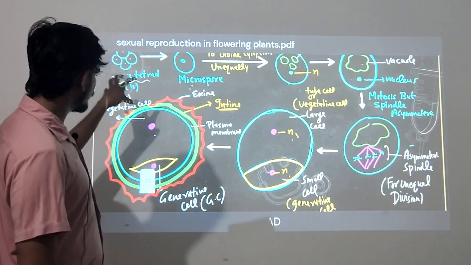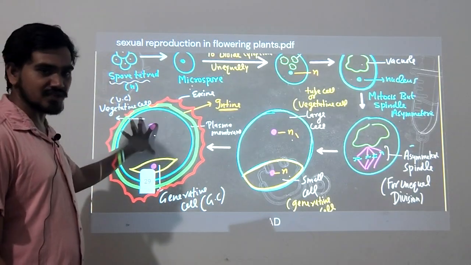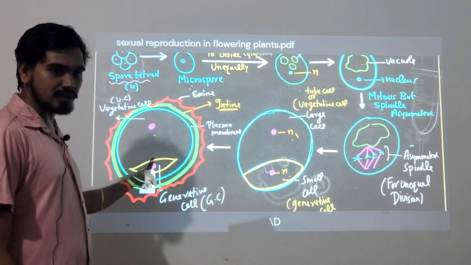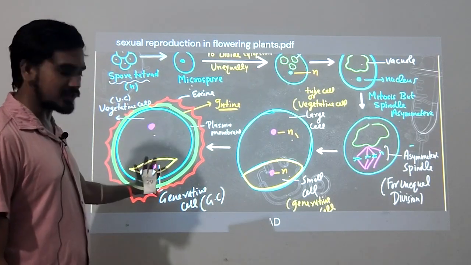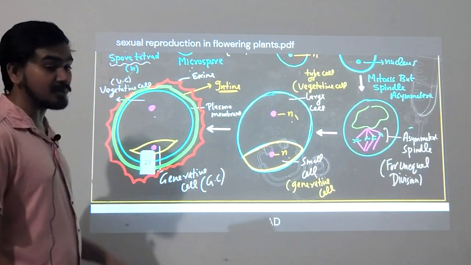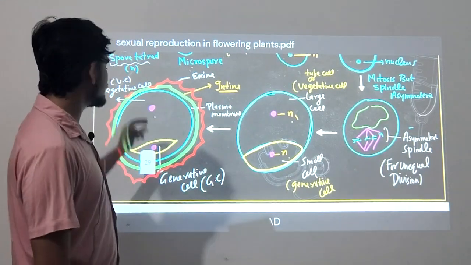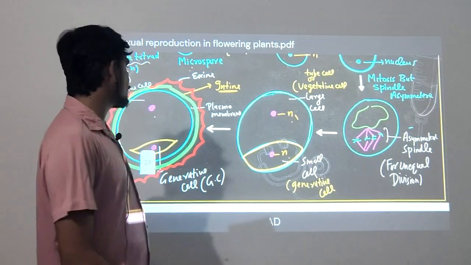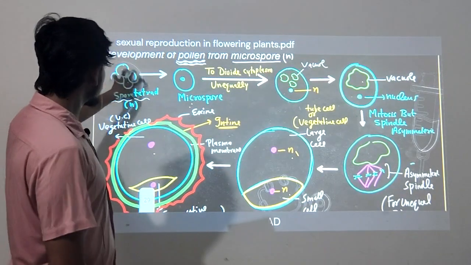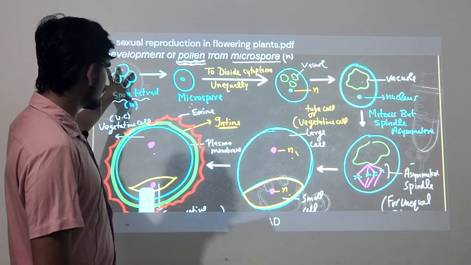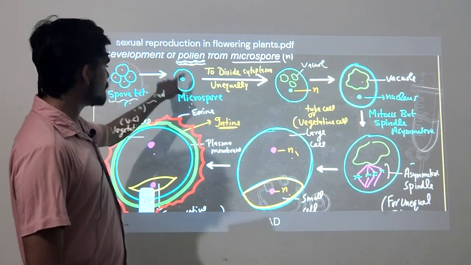The large cell is the vegetative cell, which has an irregular nucleus, and in the vegetative cell cytoplasm we find the generative cell, which also has dense cytoplasm. So in the tapetum we found dense cytoplasm, and even in the generative cell we find dense cytoplasm. So now the spore tetrad is known as microspore.